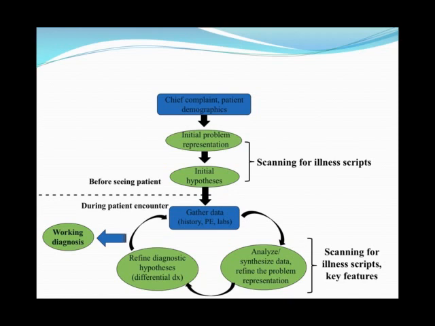At some point, hopefully, we will find that one of our diagnoses fits some illness script, and we're going to get a diagnosis out of that we can at least start with.